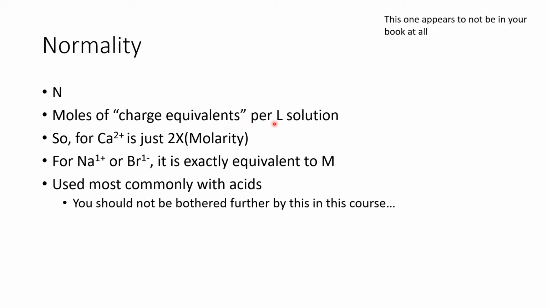The simple way to look at this is if you've got a doubled charge, you just double your molarity. So it's just like calculating molarity, but then you're adjusting for the charge. So a 1 molar calcium 2+ solution would be 2 normal because you're just multiplying by the charge equivalence. Like I said, I usually see this used with acids. You're not going to encounter this any further in Gen Chem 1.